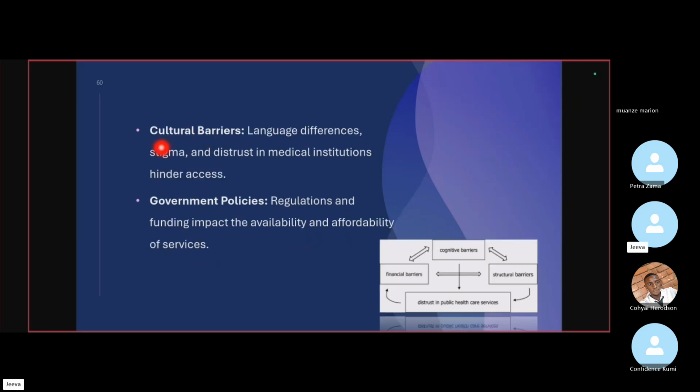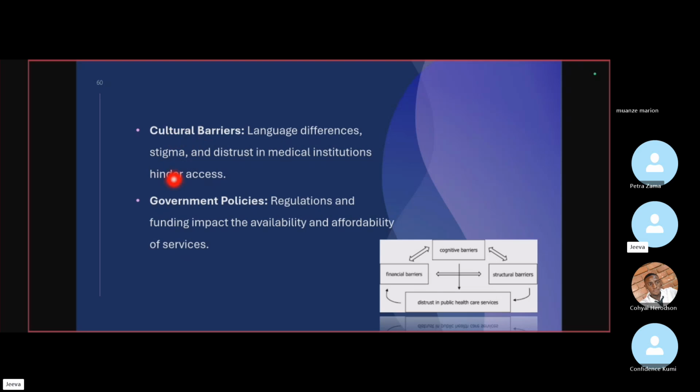Next is the cultural barrier. Cultural barrier in the sense of language difference. People who are living in different countries, when they don't know the local language, again it's a barrier. They can't effectively communicate with the doctors or the nurses. Then stigma attached to different conditions, like AIDS patients, we just avoid those people.